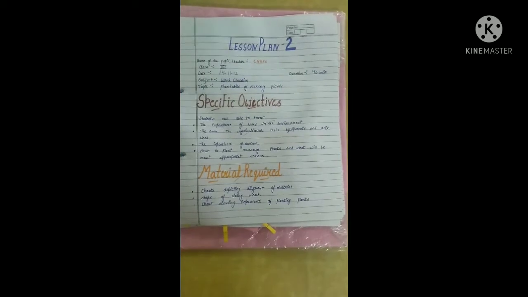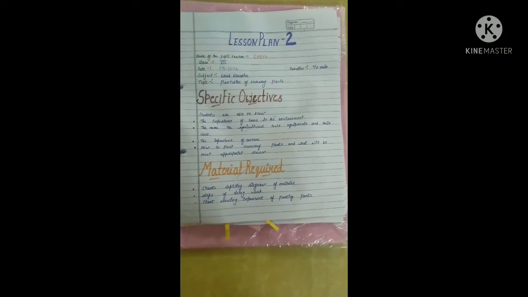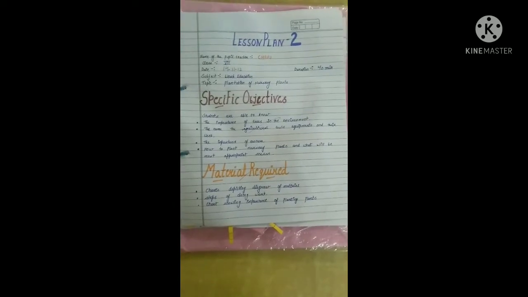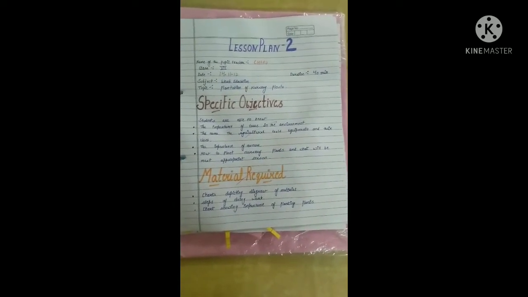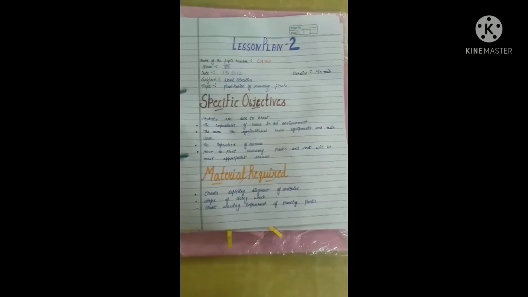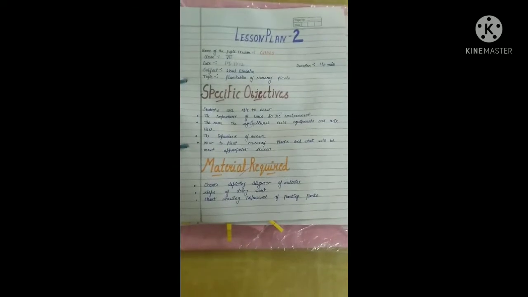Our second lesson plan is on plantation of nursery plant. First of all, we need to mention the same things which I have already mentioned, and after that specific objectives.